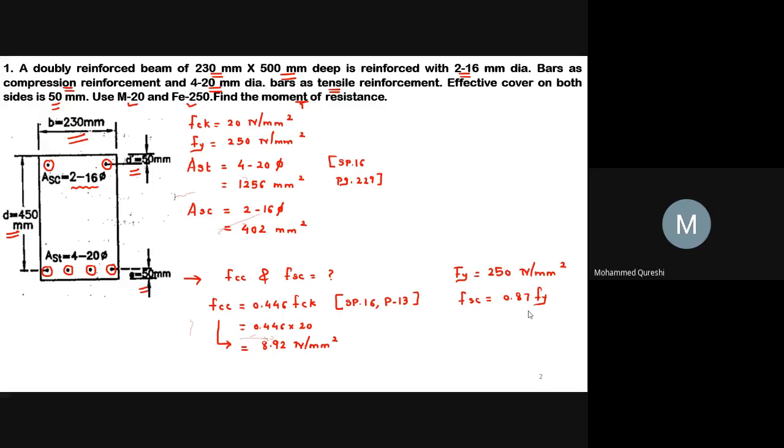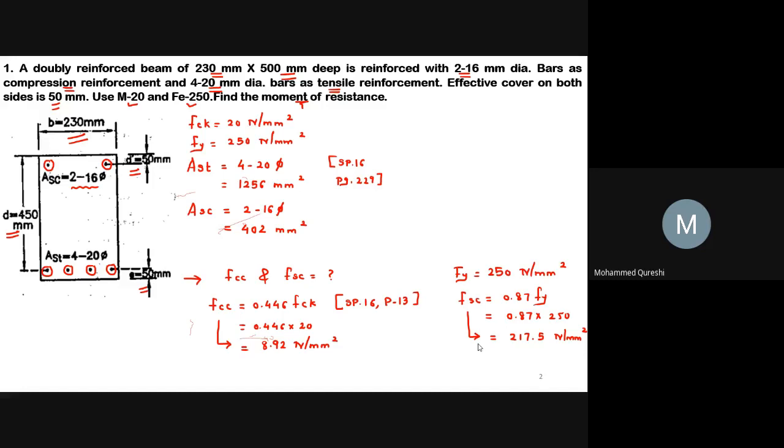But for Fe250, we have to just use the equation fsc equals to 0.87 fy, and fy in the given data is 250. So we will input this value and we will get the value of fsc as 217.5 Newton per mm square. So we achieve both the values fcc and fsc.